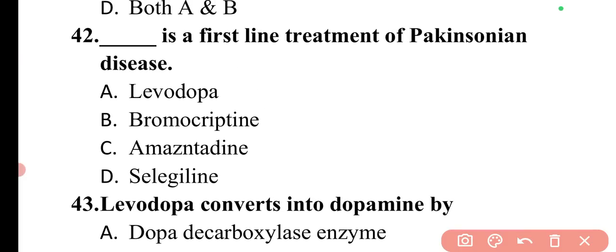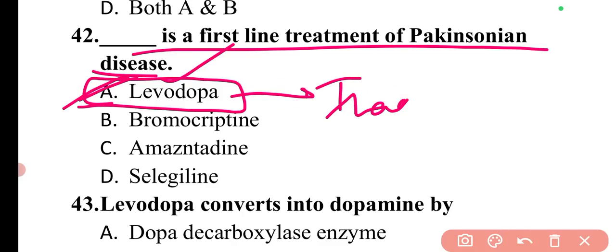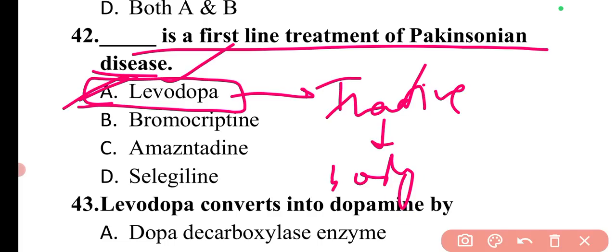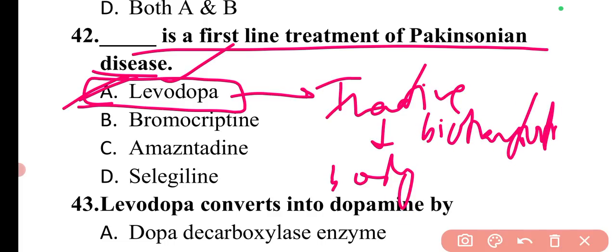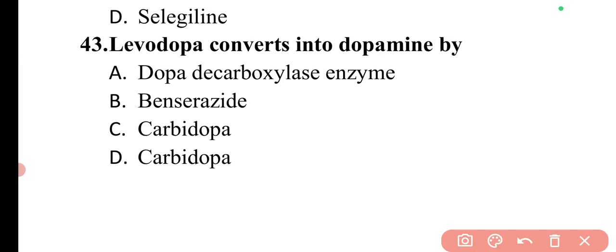Next question is, dash is the first line treatment of Parkinson's disease. So the first line treatment for Parkinson's disease is levodopa, which is an inactive form of drug, and it becomes active in the body through the biotransformation process. Then next question is, levodopa converts into dopamine by.